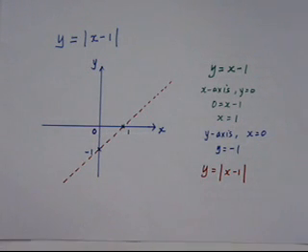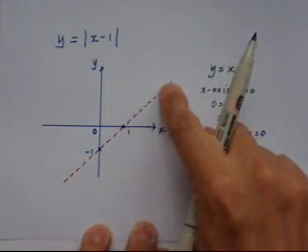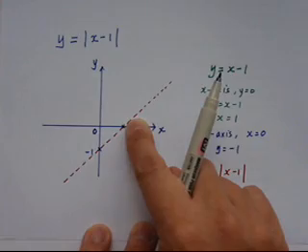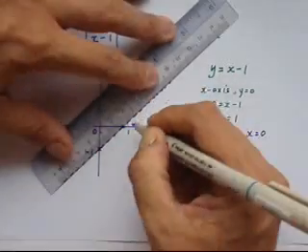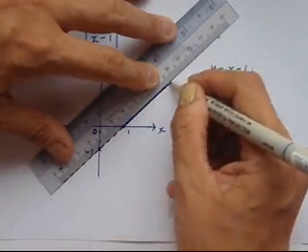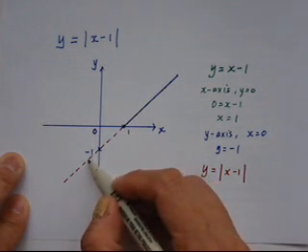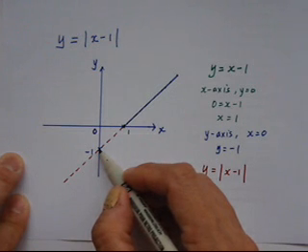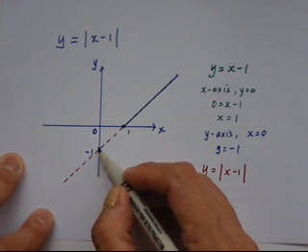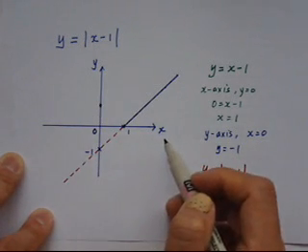Those points that are above the x-axis, all these points here, which are positive y value, will remain unchanged. Whereas these points that are below the x-axis, for example this point, -1, will be reflected along the x-axis.